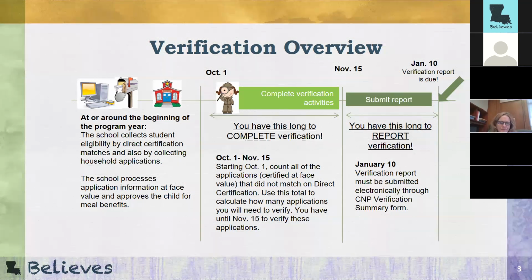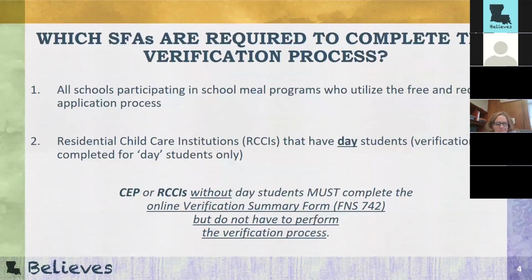All SFAs, regardless of their type, are required to report their results because it includes additional information used by USDA, such as enrollment, identified students, and the number of operating sites per SFA. The complete verification process of free and reduced price applications is required by any participating school who uses free and reduced applications and by RCCIs with day students.